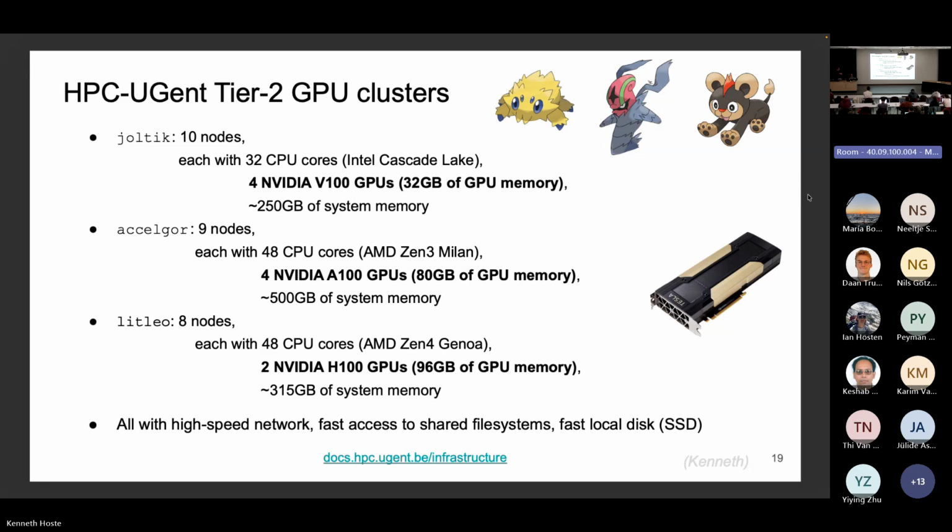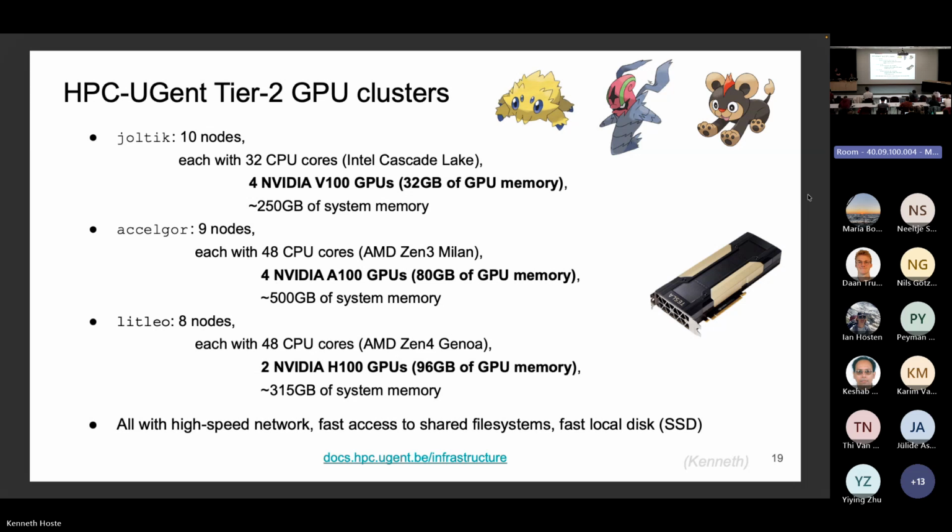All right, the GPU cluster, same thing. Again, 3 more Pokemon, Joltik, Excelgor, and Litleo. And essentially the same type of thing here, new generation. So Joltik is our oldest one with the Volta GPUs, which are now, again, 5, maybe 6 years old. So quite old, but still more capable than what you typically find in your own workstation or laptop.